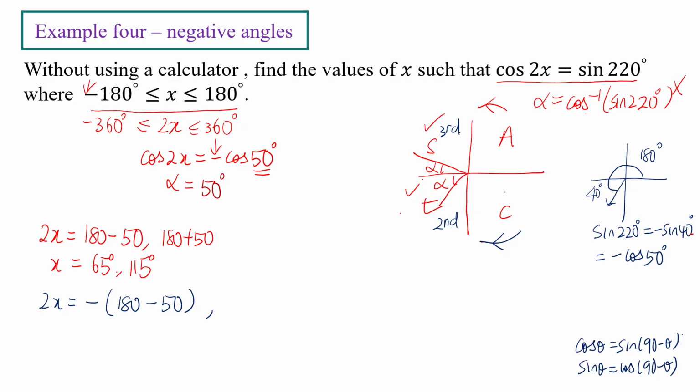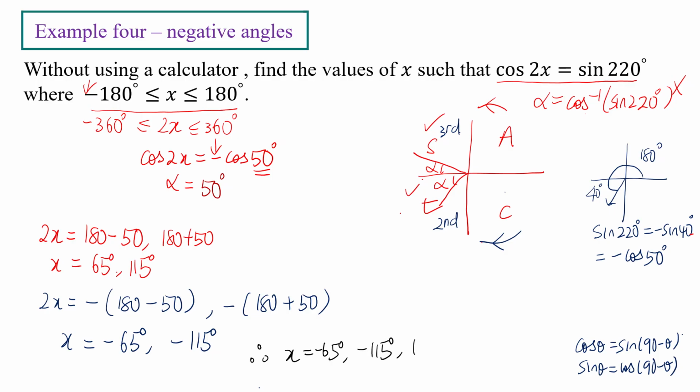Then for your third quadrant, put the negative 180 plus alpha. So you will end up getting negative 65 degrees, negative 115 degrees. So therefore, your answer would be x equals negative 65, negative 115, 65, and 115. Right, so this is how you do it.